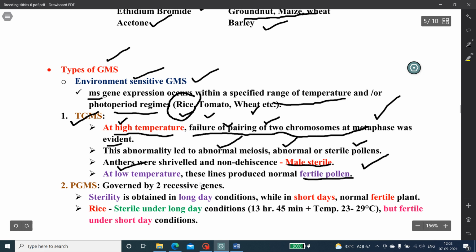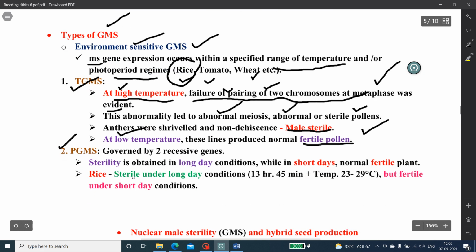And the second one is PGMS, the photoperiod sensitive genetic male sterility. It is governed by two recessive genes, and under long day conditions there is a sterility mechanism. Under short day conditions there is a fertile mechanism. The classical example is rice.